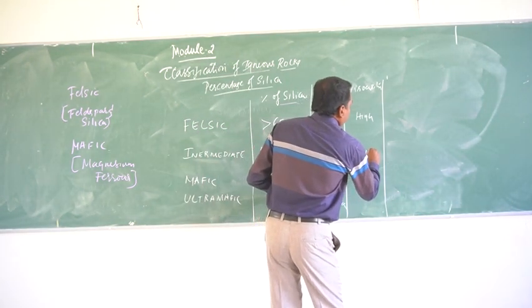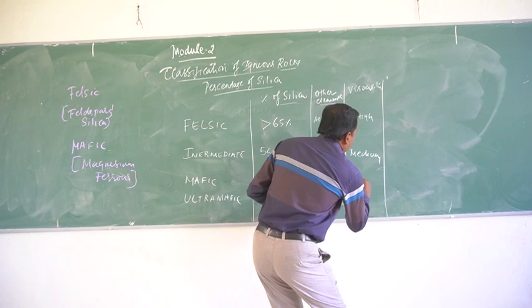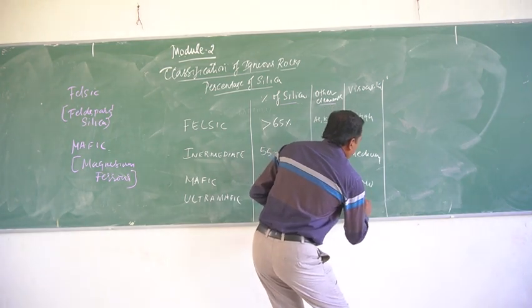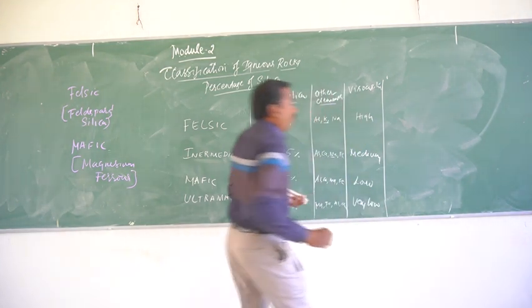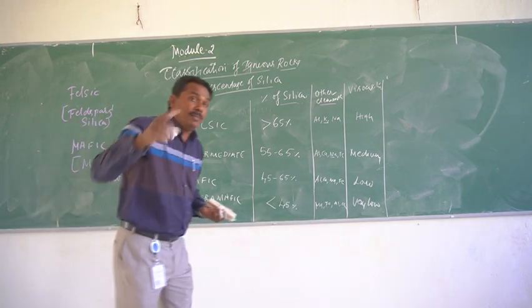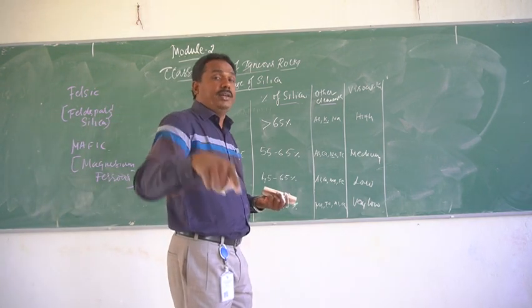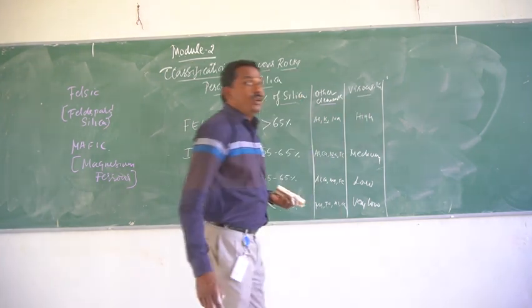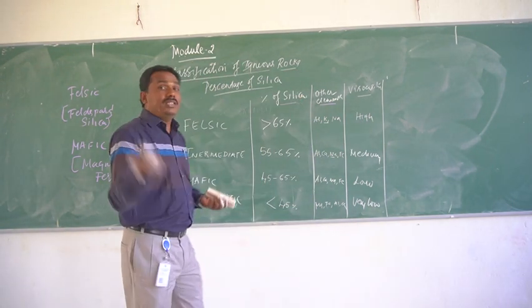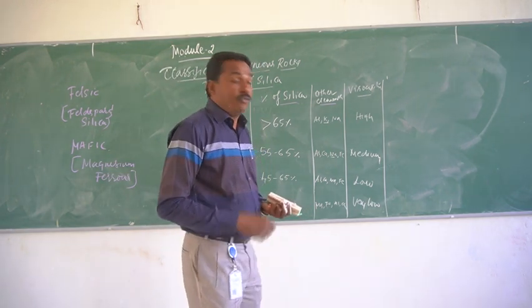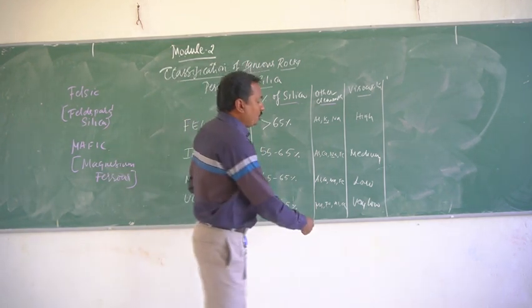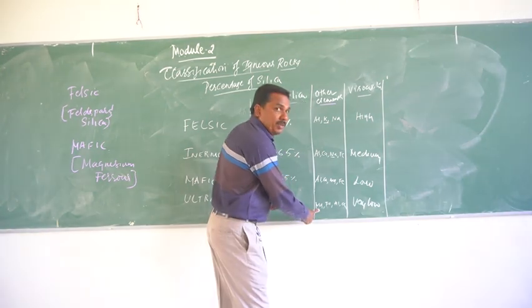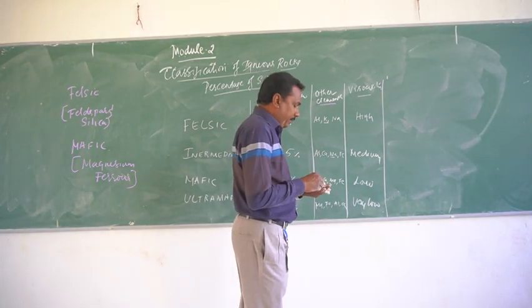Here it is medium, then low, and very low. I was explaining the magma chamber, which consists of acidic and basic components. It is liquid in nature, and automatically the viscosity would be high in felsic, whereas very low in ultramafic. Why is it very low in ultramafic? Because of the other components present, magnesium and iron.